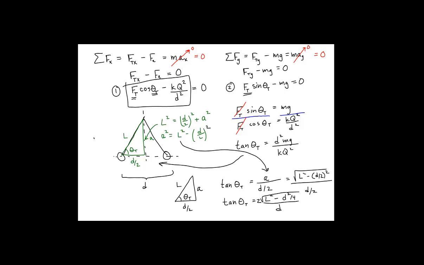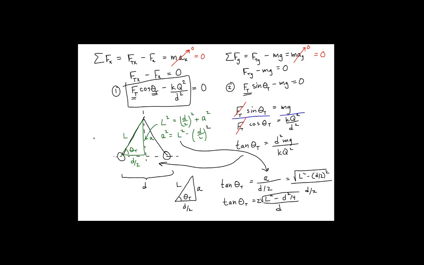Now the trigonometry naturally suggested itself because we were given a length of the string and the distance between the spheres. So that led us to use trigonometry to come up with the third equation to give us an expression for tangent.